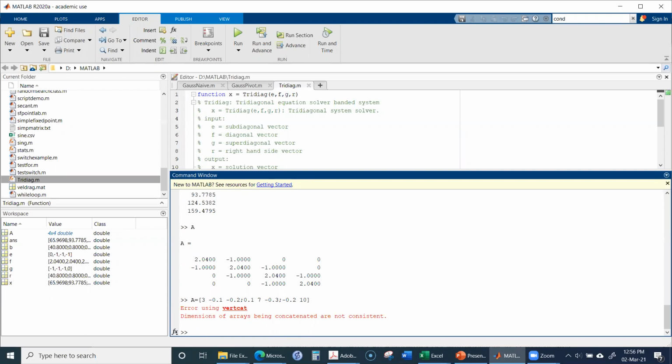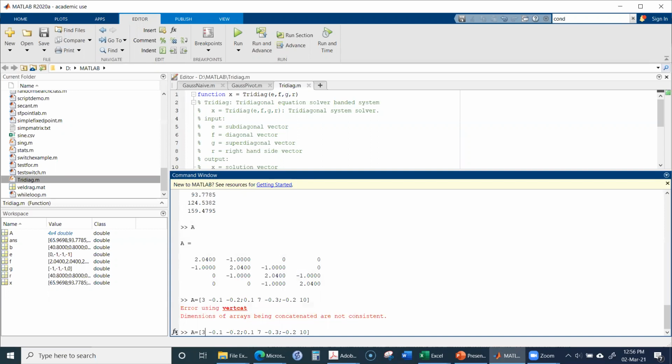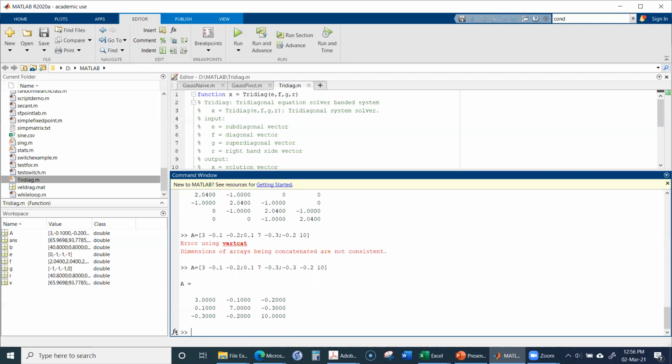Maybe I made some mistake, so let me see. Yes, this is the matrix A.